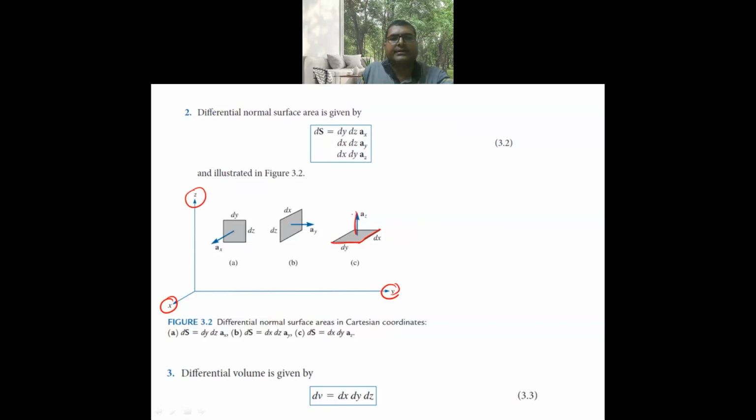For this case, the differential normal surface can be represented as dx dy along az hat, or this can be represented as dy dz along ax, dz dx along ay. You can refer to the given figure.